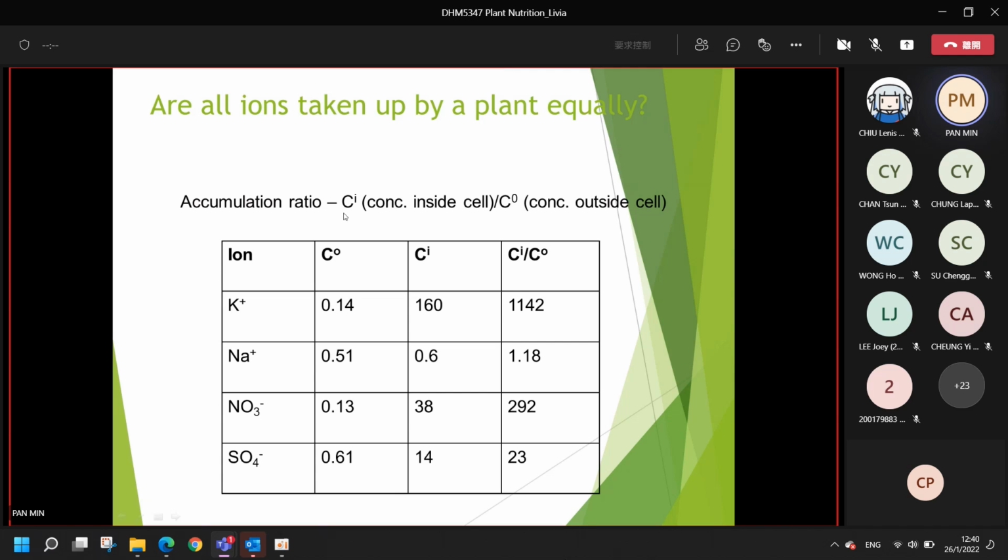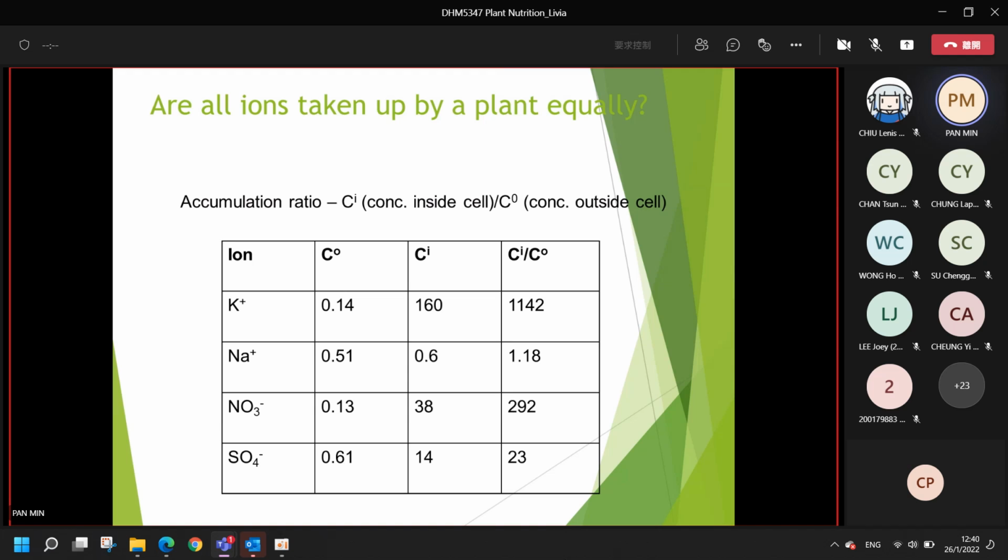Ci means the concentration of the nutrient ion absorbed by the plants, and C0 means the concentration of the nutrient ion in the soil solution outside of the plant root cell membrane. From the ratio, you can see that the potassium ion is more easily absorbed by the cell membrane.